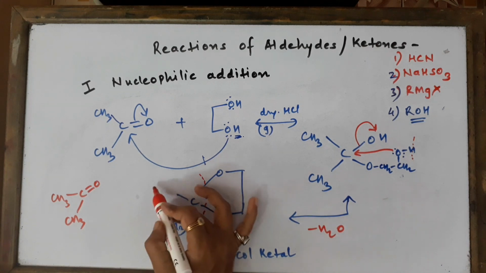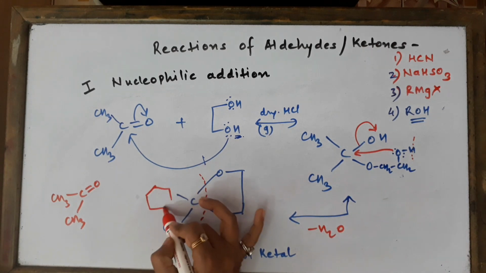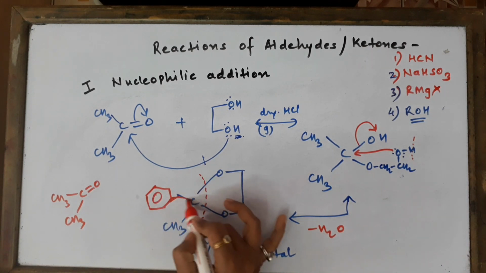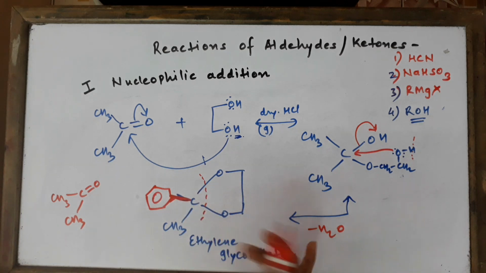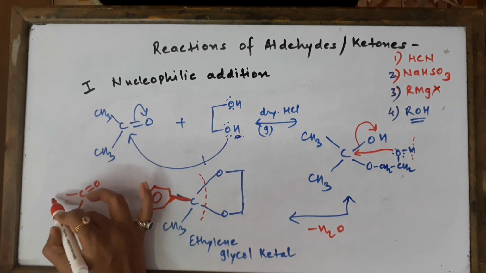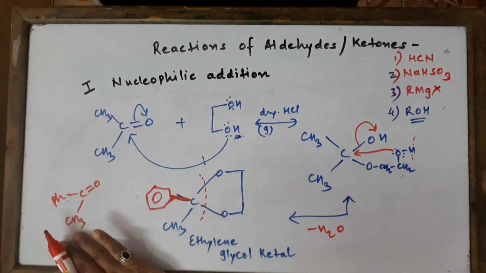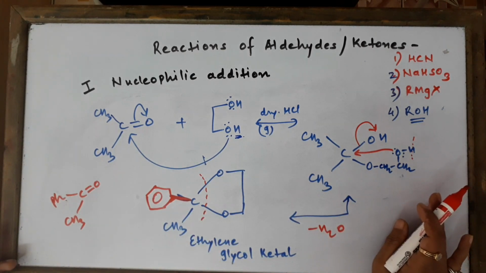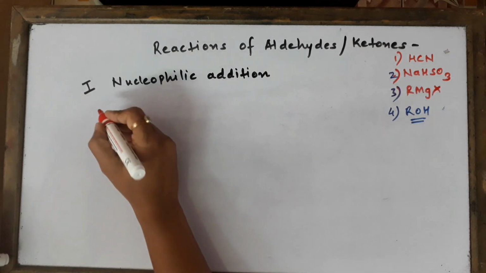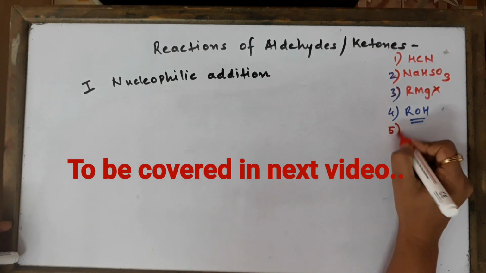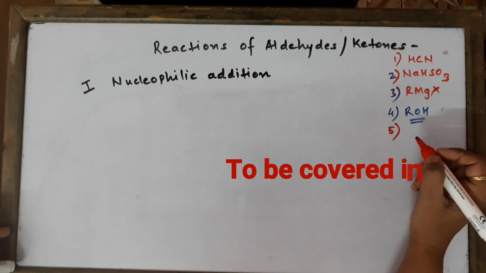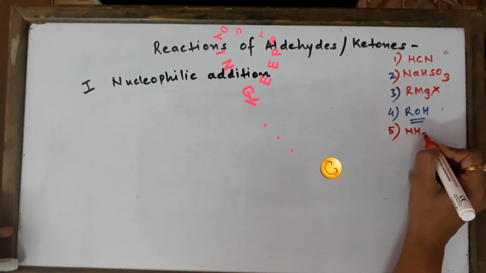I can go on changing this in the exam and ask you similar questions. Which ketone has produced this ketal? So simple, you're going to just change that and have this compound, that is your acetophenone. So children, such questions are also there in the exam. Now I'm going to start with the fifth nucleophilic addition reaction, which is the longest of all.